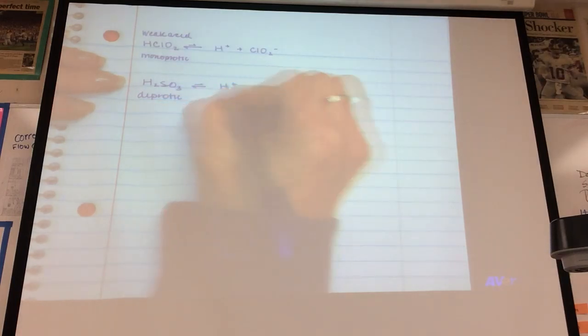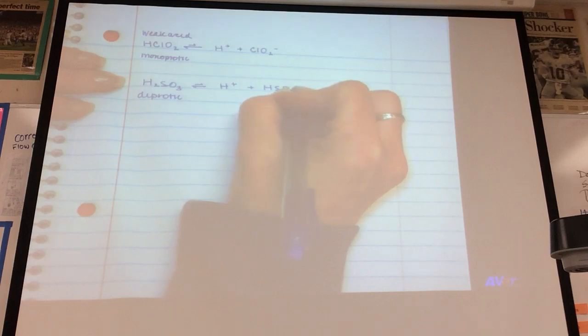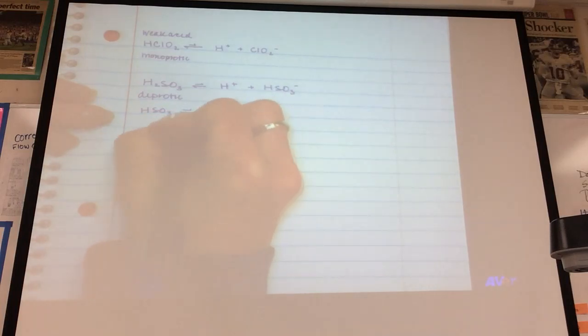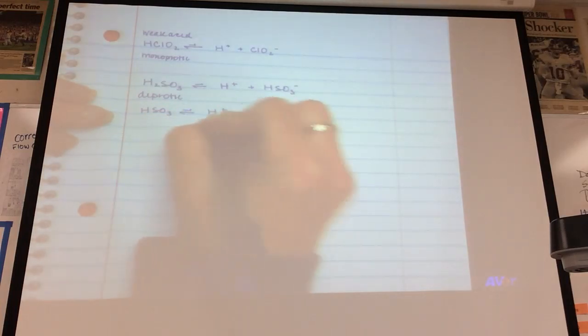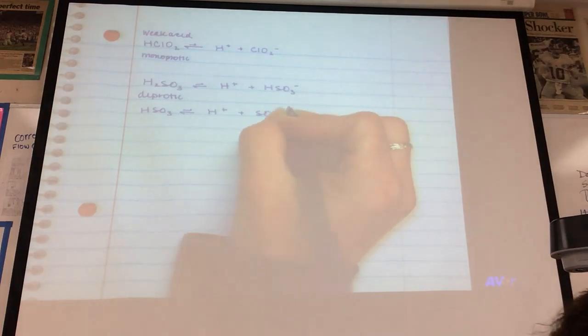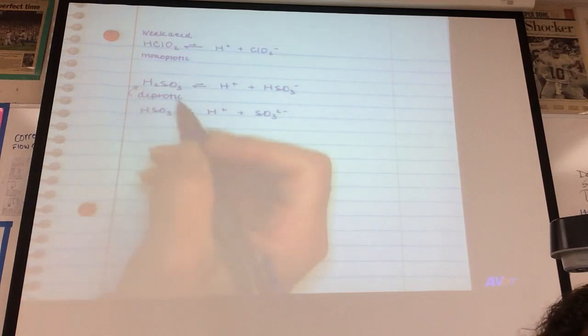And in this case, what happens is that your conjugate base can then act as an acid, continuing to donate 1 proton. So this is a weak acid as well. This is diprotic.